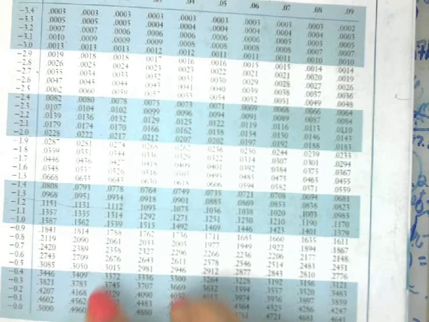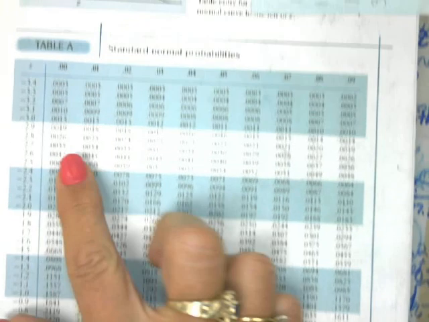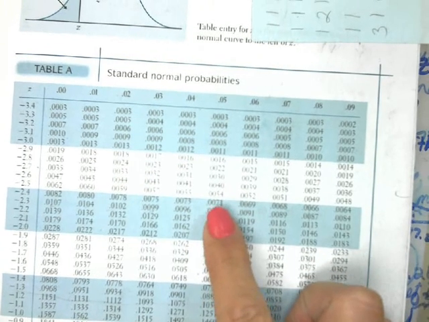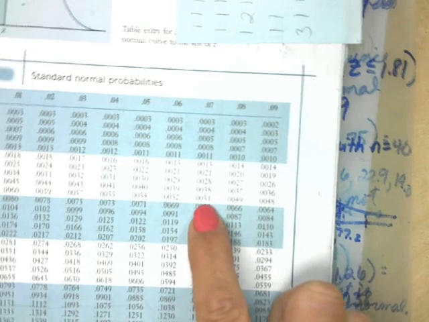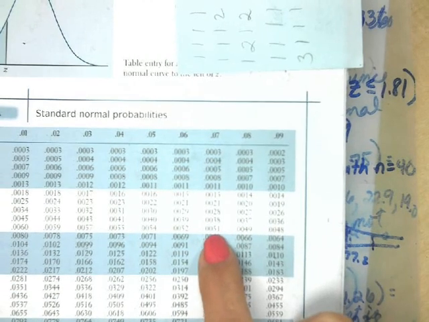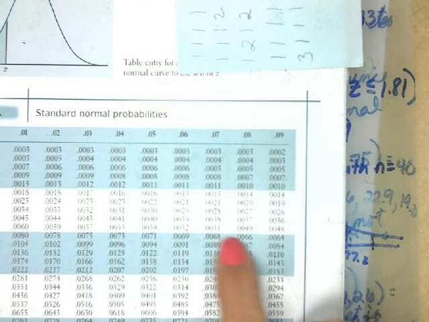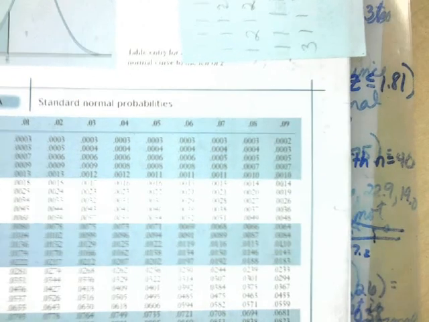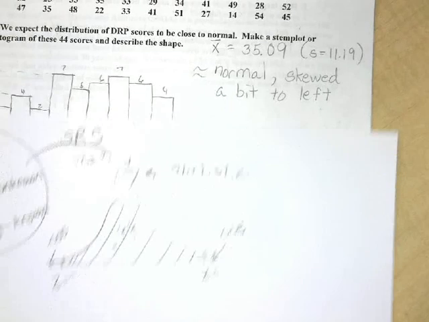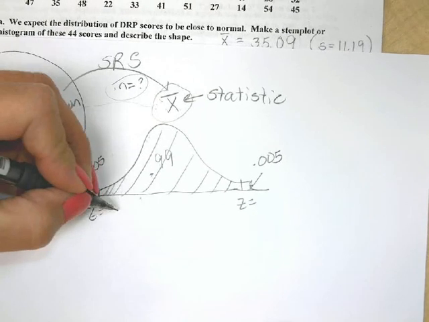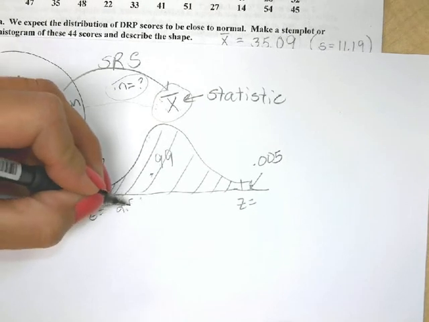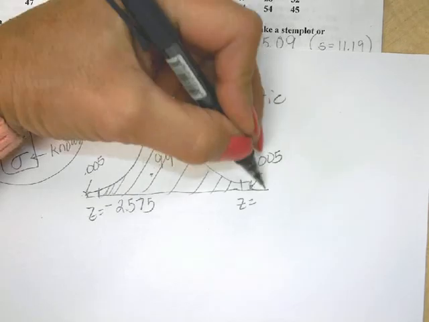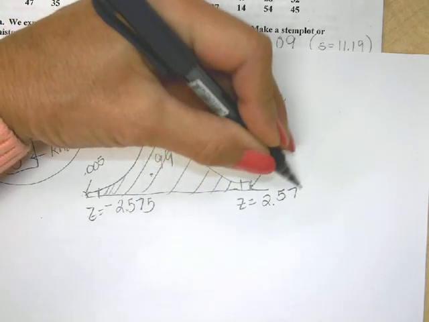I could look up here and try to find 0.005, and I would find 0.005 is kind of right in between this value and this value. That would correspond with negative 2.575. So this lower value would be negative 2.575, and this one would be positive 2.575.